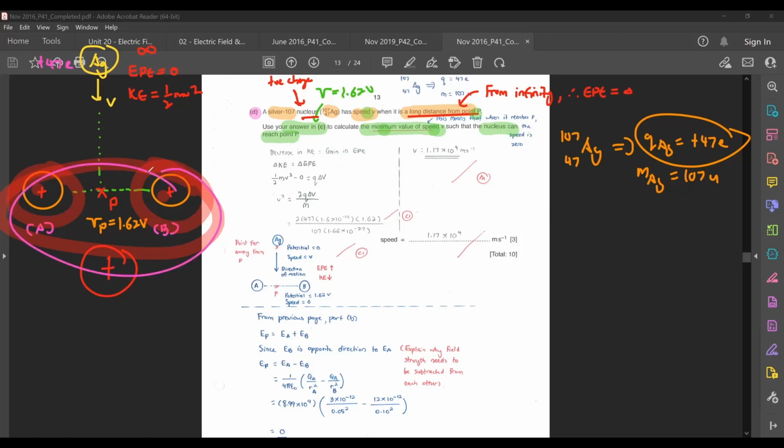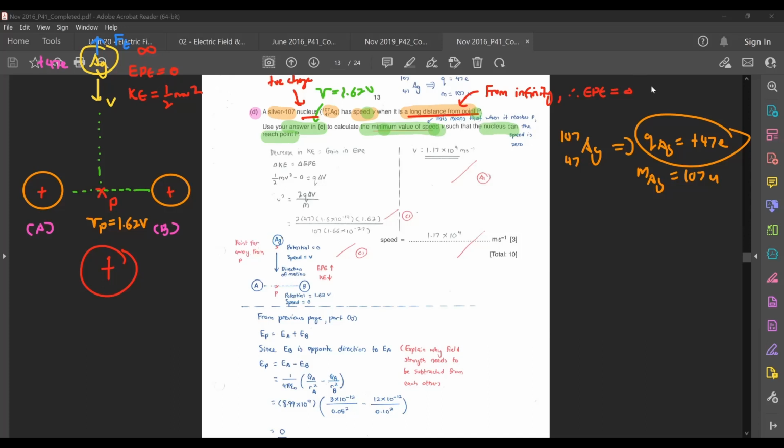It's approaching a region that is also positively charged. So when you're talking about the electric force that is acting on your nucleus, it's obviously going to be repulsive, isn't it? So you can say that the electric force acting on your argentum nucleus is going to be in this direction, let's just say, away from point P. Okay, so if you're going towards point P, but your electric force is the other way, what does this tell you about your particle?